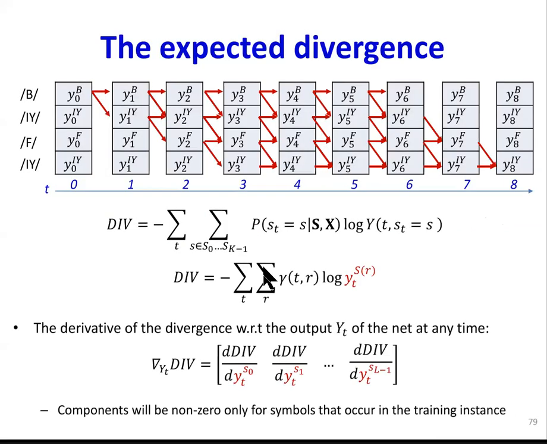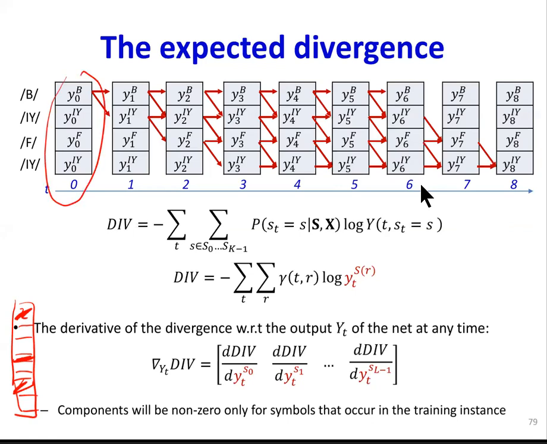And if I want to perform gradient descent, I have to take the derivative of this divergence with respect to the output of the network at each time. But at each time, the network is actually producing outputs over all possible symbols.